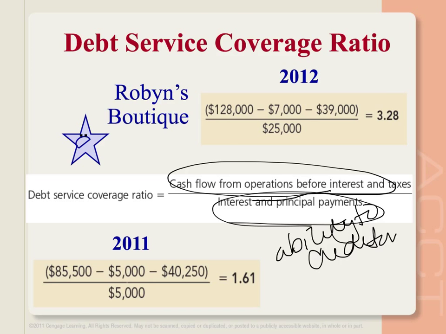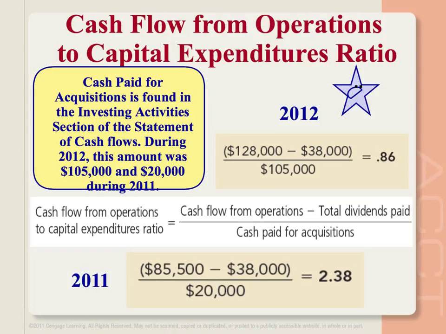And last but not least, the operations to capital expenditures ratio. Effectively, this one is the company's ability to use cash flow from operations to finance property, plant, and equipment. Cash paid for acquisitions is found in the investing activities section of the statement of cash flows. During the current year, this amount is $105,000 and $20,000 the prior year.